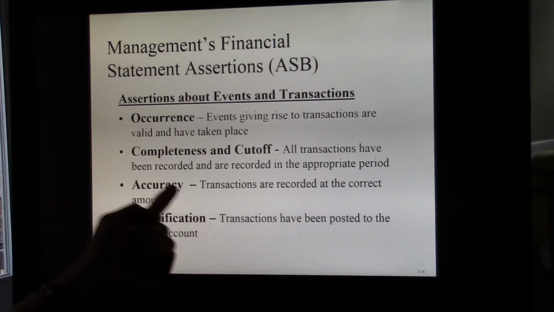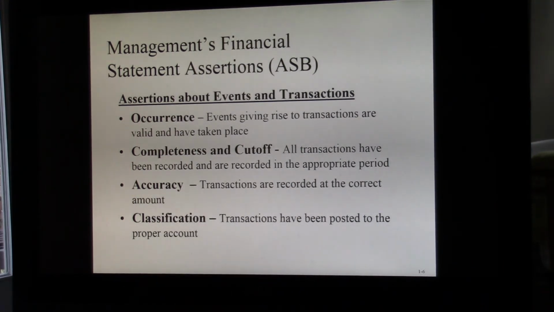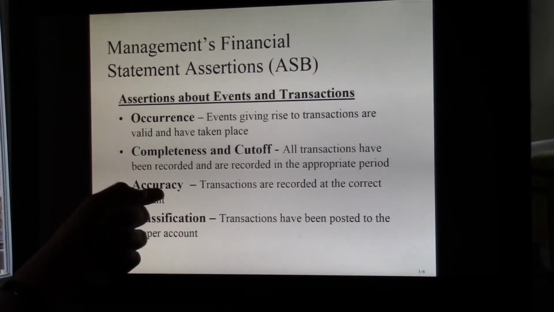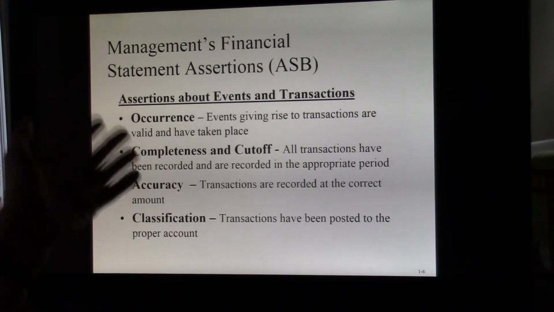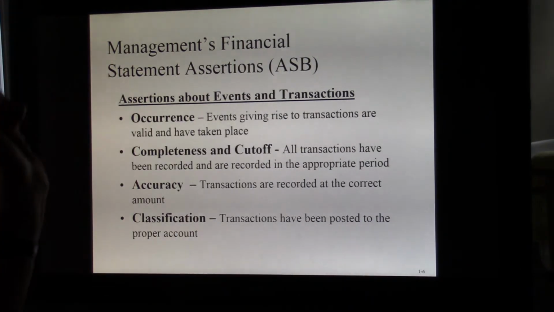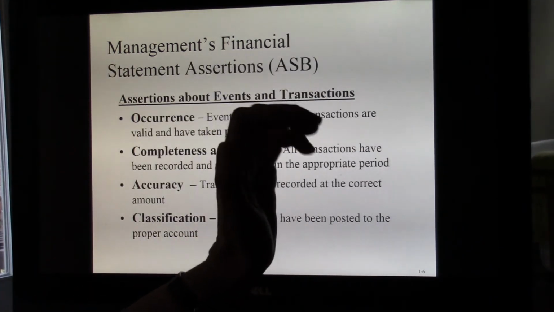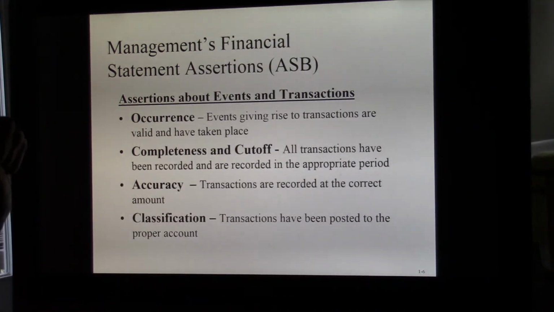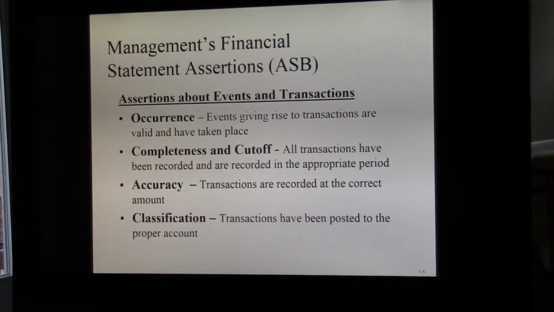Accuracy. This is at the transaction level, right? Transactions are recorded in the correct amount. So things like, if you're looking at an invoice for a sale, the number of units is correct, the price is correct, the extension is correct. So 10 units at $100 each, that got multiplied out and is $1,000. That number is correct. They used the right price. They really did sell 10 units. They did the math right. Accuracy.